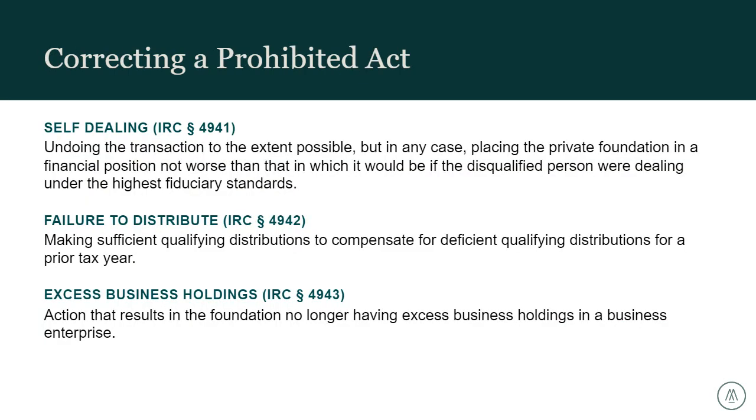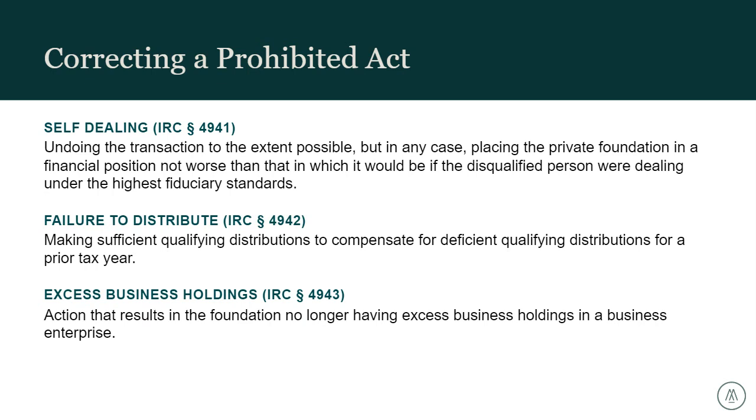And so, of course, should any of these acts occur, they are prohibited and they should be corrected. The next couple of slides go through each section and discuss in more detail correcting each prohibited act. In the case of self-dealing, it's undoing the transaction to the extent possible.